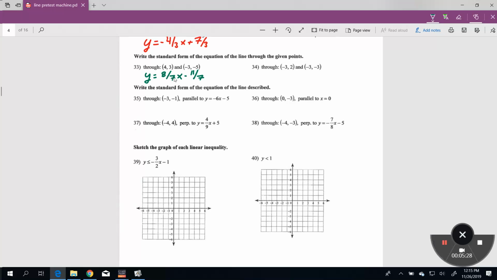So regardless of which one I use, I get y equals 8/7 x minus 11/7.